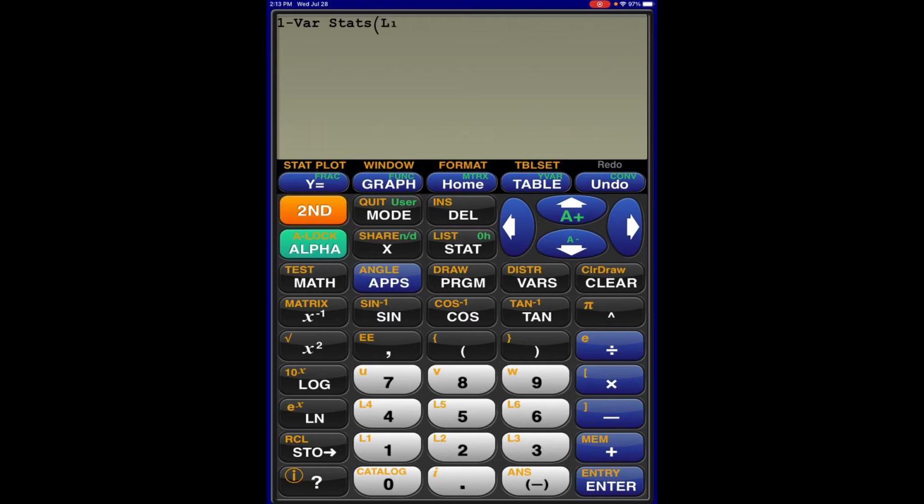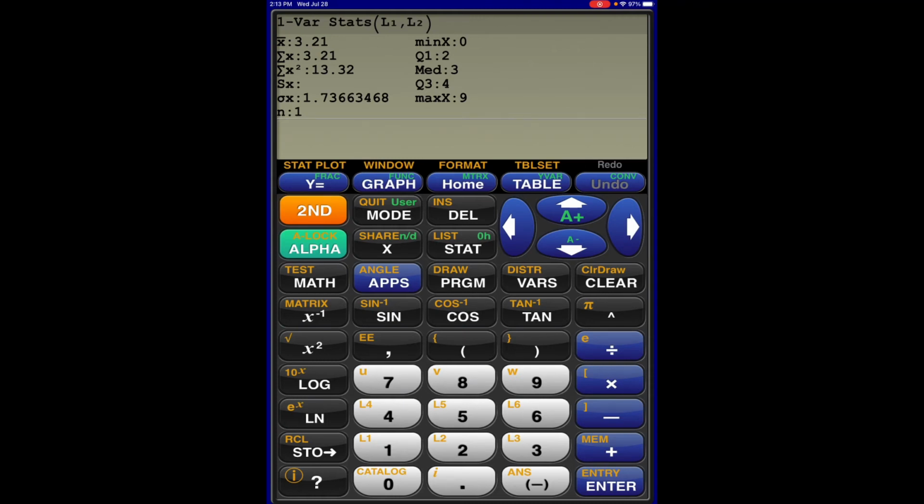So hit second 1 for L1, comma, second 2 for L2. This is going to tell the calculator to look at both L1 and L2. When you're done, hit close parentheses. Again, it depends on the style of the calculator that you are using. Make sure you ask if you have any questions. From here, select enter, and you should get a lot of different information.